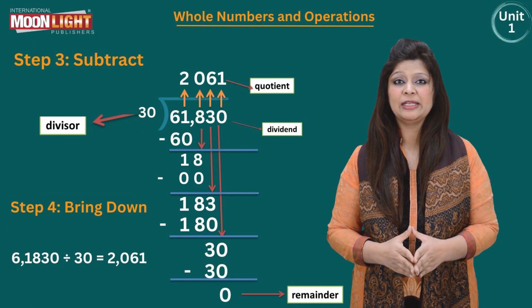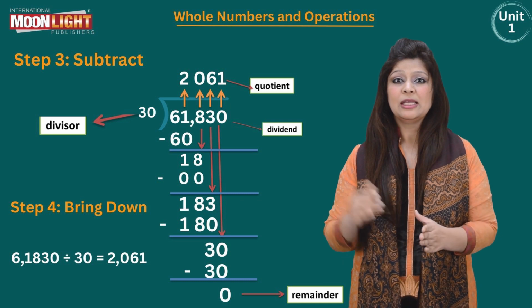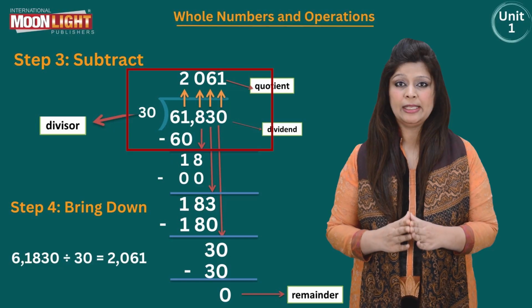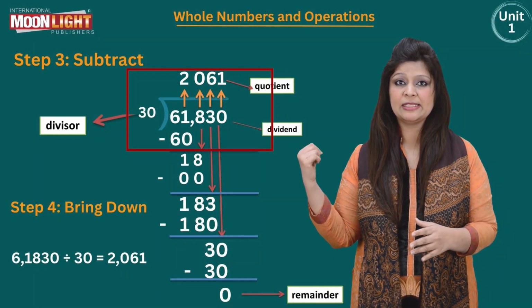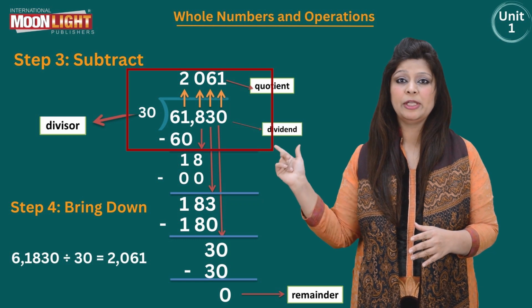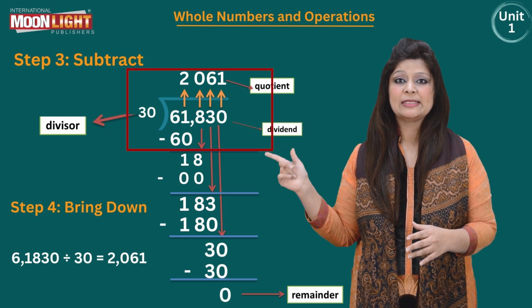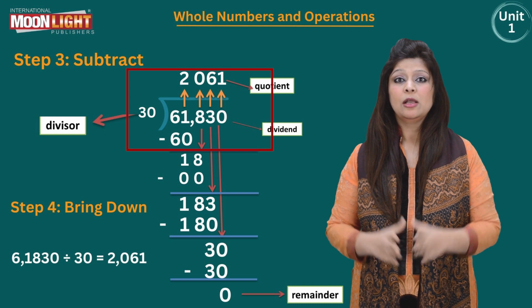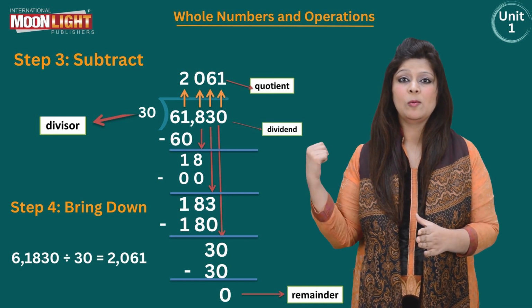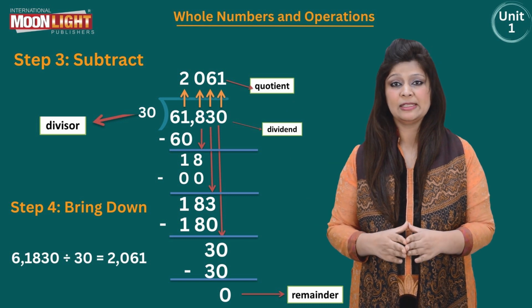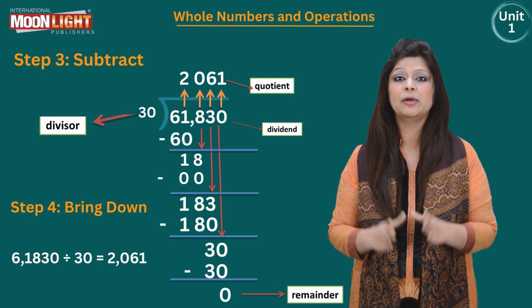I bring the next number down, because 1 is less than 30. 6 minus 6 is 0 and we have only 1 as a leftover here. So 30 is more than 1, and I bring the next number down according to step number 4.